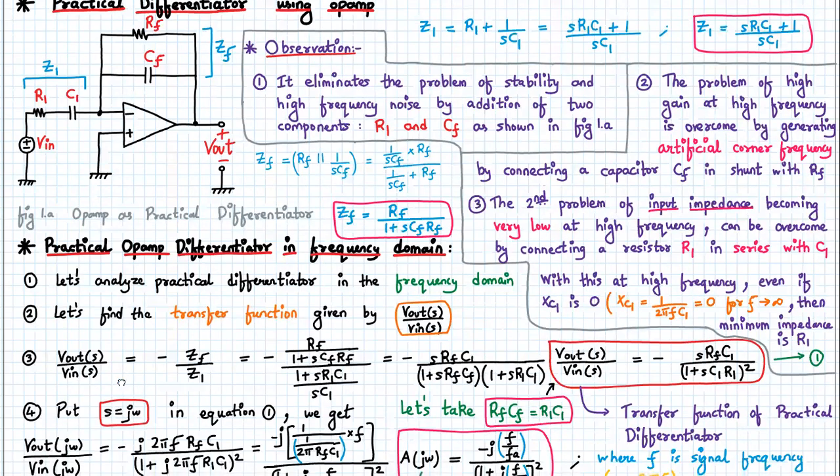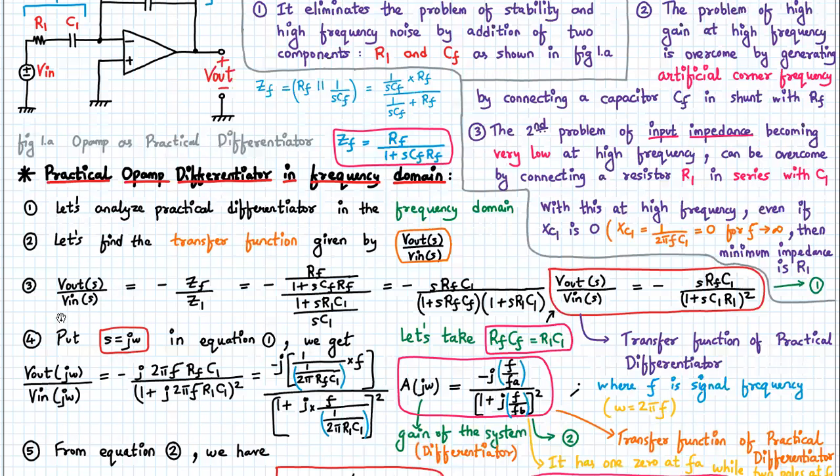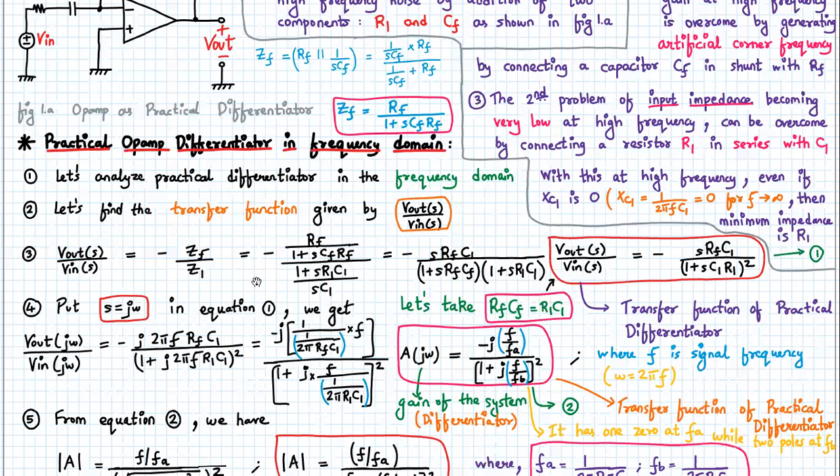So V out of S upon V in of S is equal to minus ZF upon Z1, which is equal to, in the numerator, RF divided by 1 plus S times CF into RF, and in the denominator, 1 plus S times R1 C1 divided by S into C1. If you rearrange the terms, that is equal to minus S times RF into C1 divided by 1 plus S RF CF into 1 plus S R1 C1.